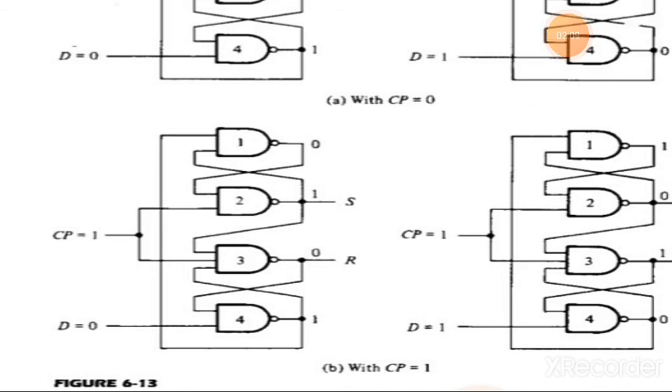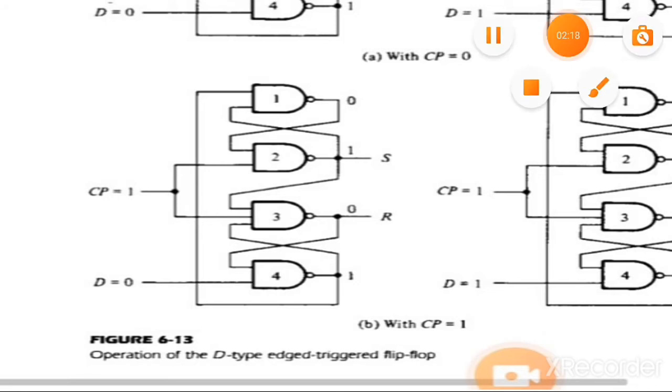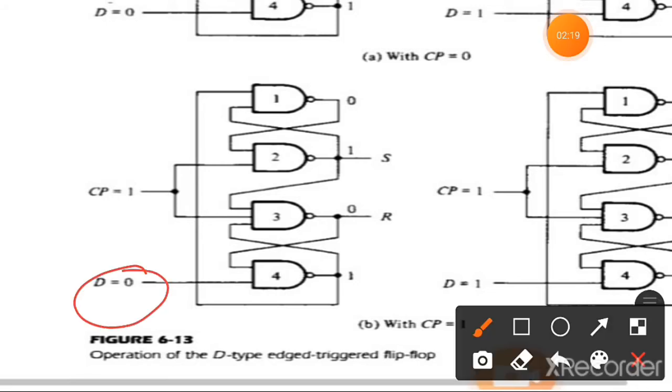Then what happens in this? If D is equal to 0, and when Cp becomes 1, then S remains 1 but R changes to 0.